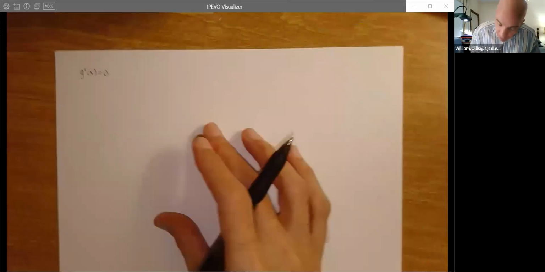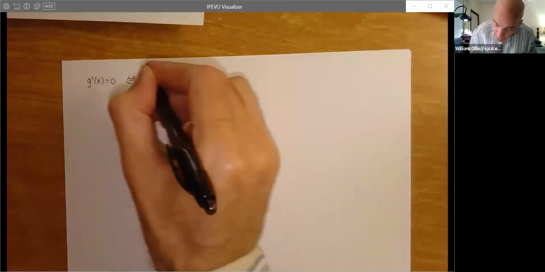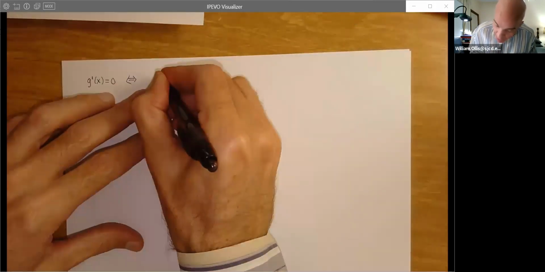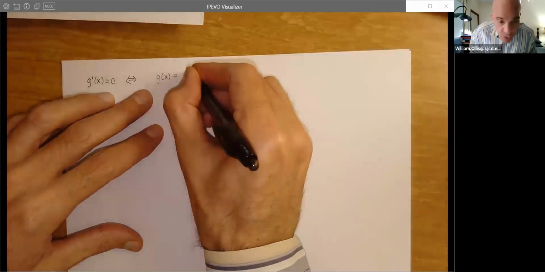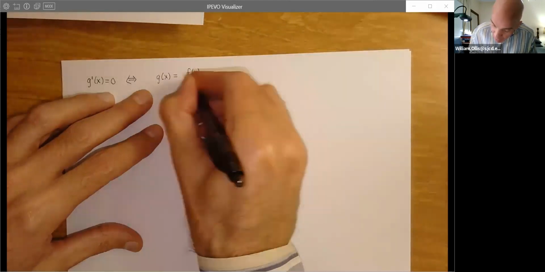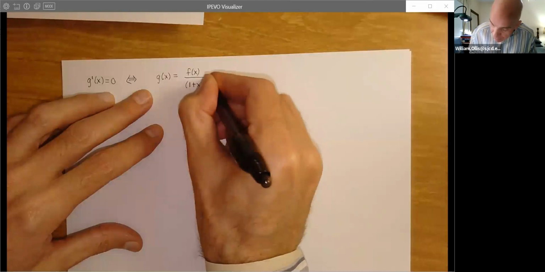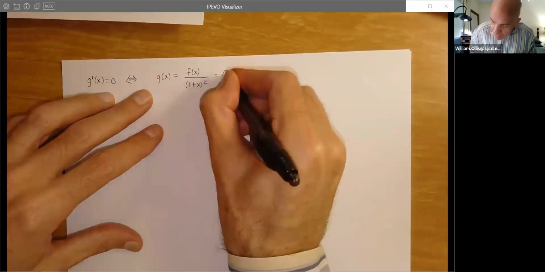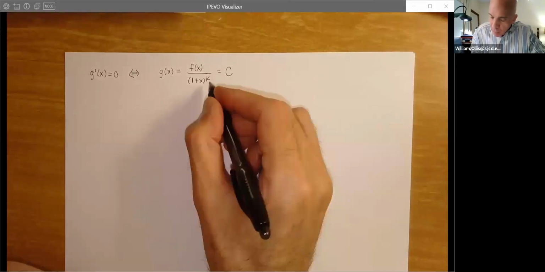So if and only if, in this particular case, g of x equals a constant c. So this is what, by definition, f of x divided by 1 plus x to the k equals a constant.